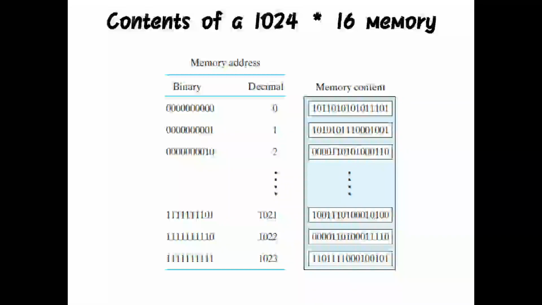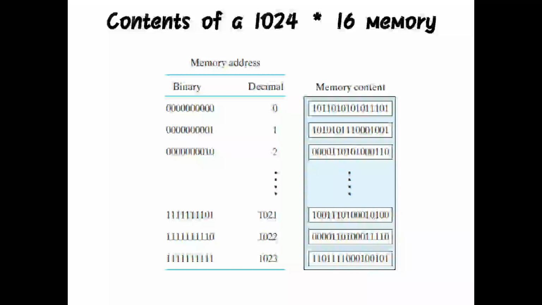So this is a memory unit consisting of 1024 words. Now concentrate on the memory content. Each of these, 0, consists of 16 bits, that is 1 word.